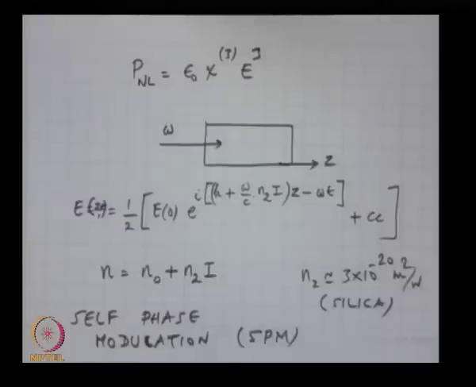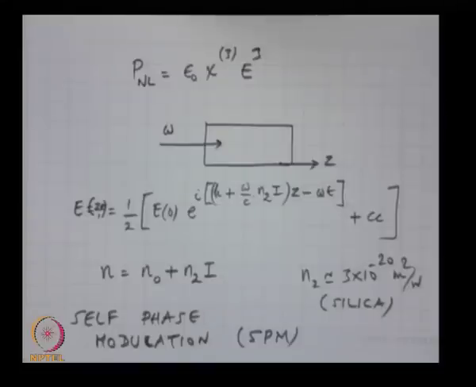Now, although this analysis is valid for a monochromatic input at a single frequency, I can use some heuristic arguments to tell you what will happen if I had a pulse of light incident on such a medium. Pulse means the intensity is not remaining constant, but changes with time.